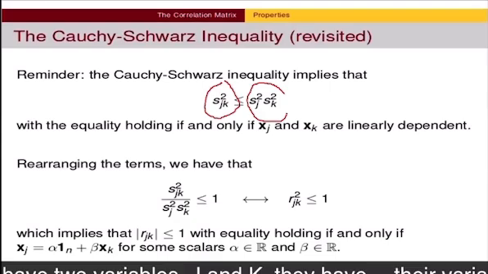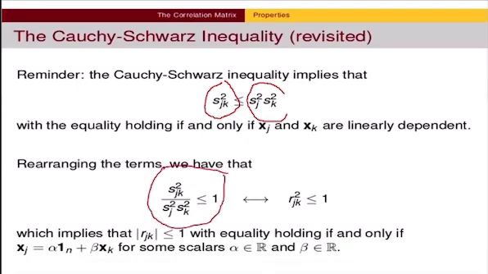If I have two variables, J and K, and their variances exist, the square of the covariance is less than or equal to that. So if I divide both sides by the product of the variances, I'm actually going to have this.